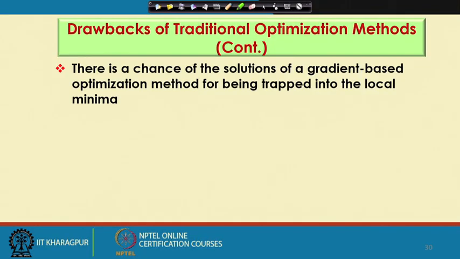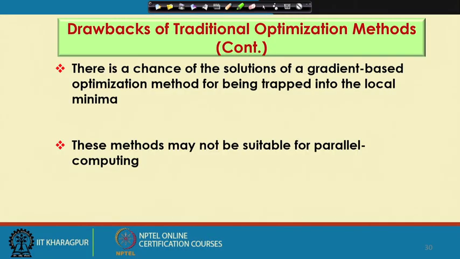There is also a chance of the solution of a gradient based method getting stuck at a local minimum. A local minimum is one which is not globally optimal; we thought it was the optimal, but there is a chance of further improvement which we could not reach. This is an inherent problem of the gradient based method.